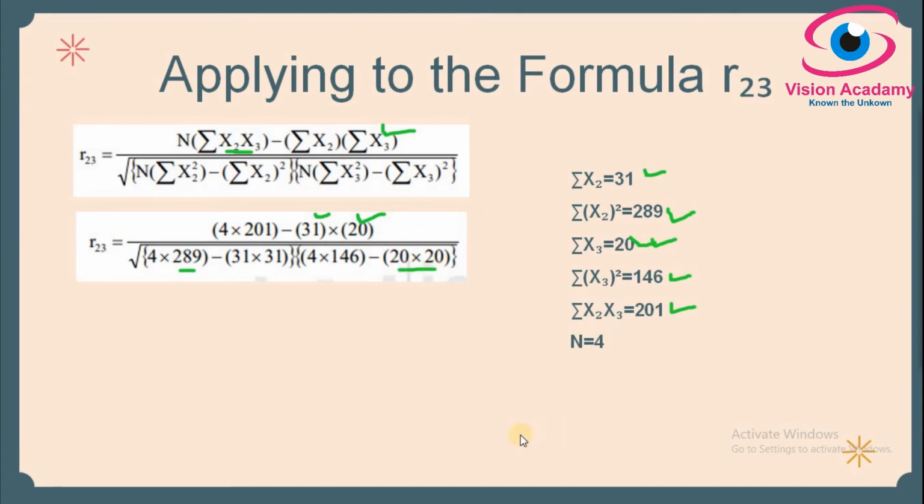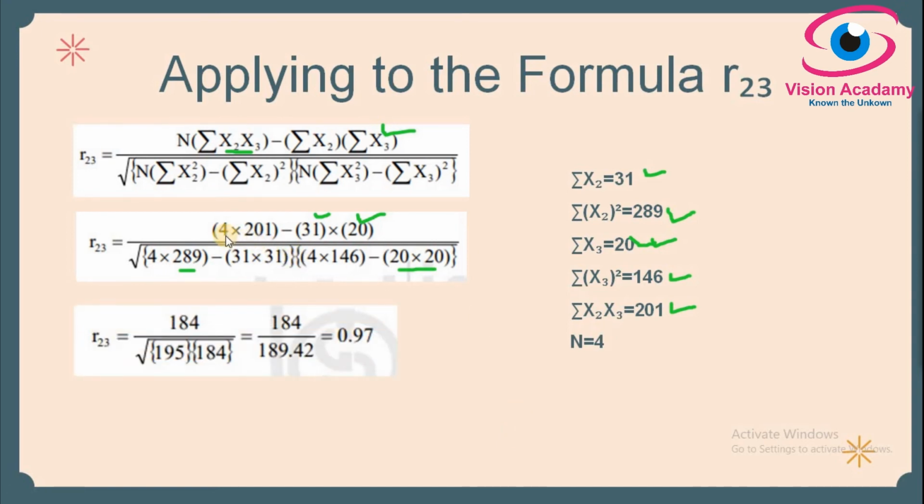So when we simplify this, as I told you, in the numerator we have to multiply this portion and this portion, and from each value we will subtract. In the denominator we will multiply this, and here also we will multiply, thereafter we will subtract.